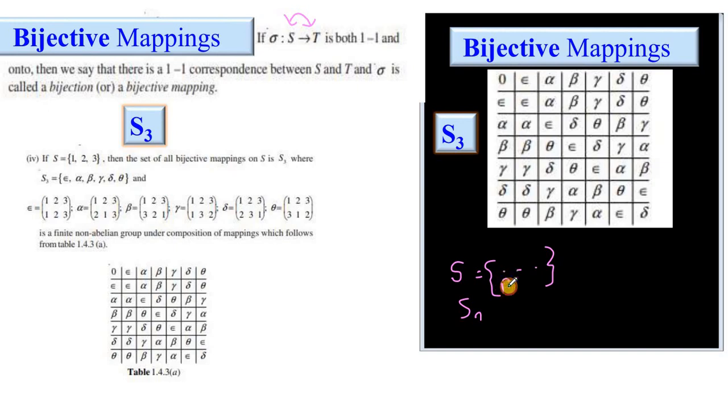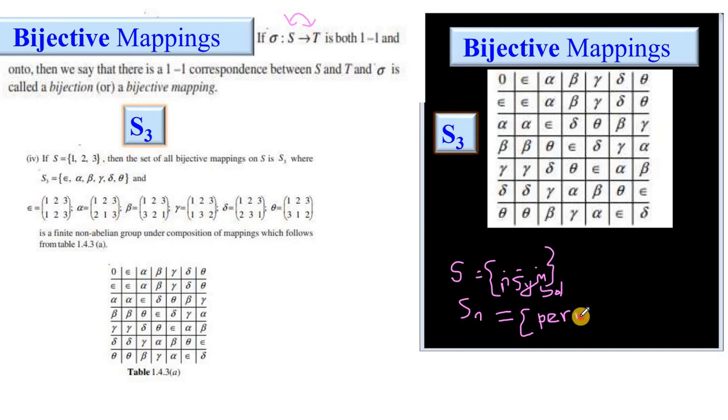It can be the numbers 1 to n, or alpha, beta, gamma, or some other symbols. Finite in number means we can count them, then we can talk about S suffix n. That is nothing but the collection of all permutations on n symbols.